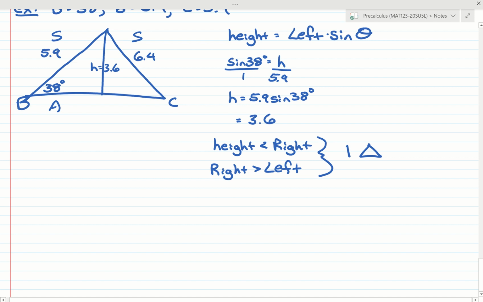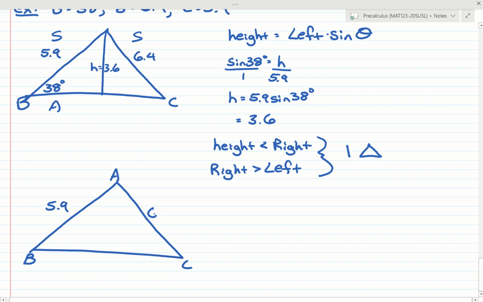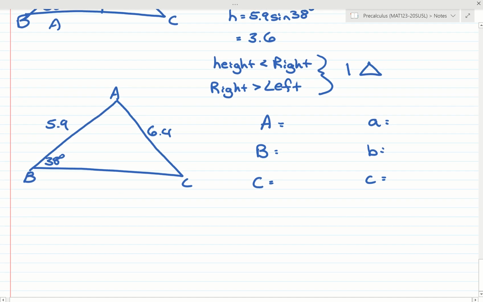So now that we know that there's only going to be one triangle, let's solve for it just like we did in the original problems. B, C, and A. I'll just get organized here. B is 6.4. Angle B is 38 degrees. Side C is 5.9.